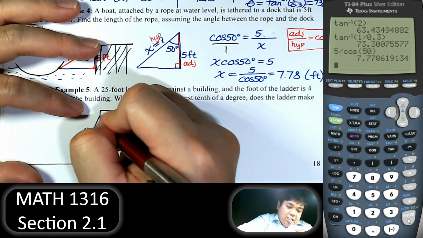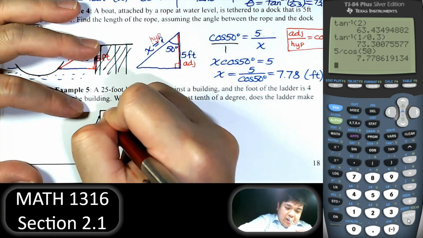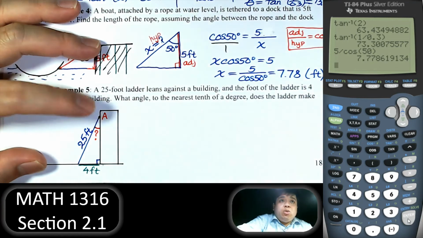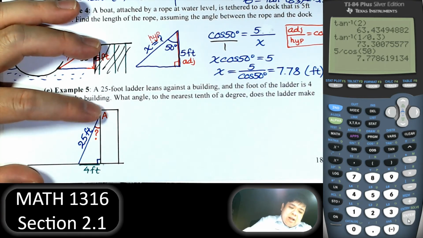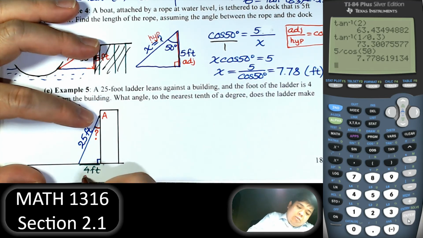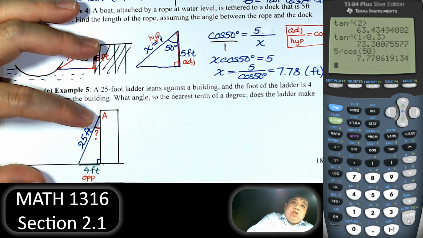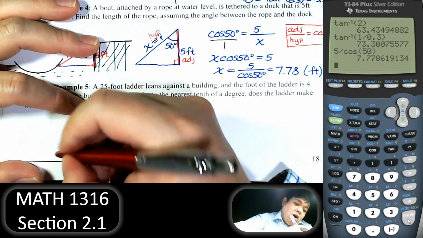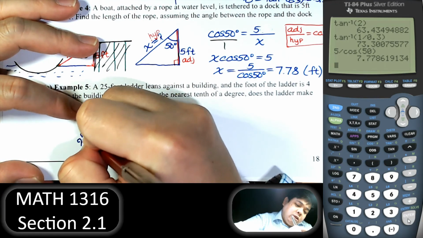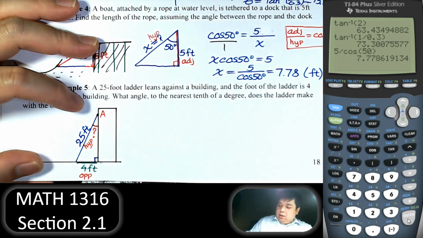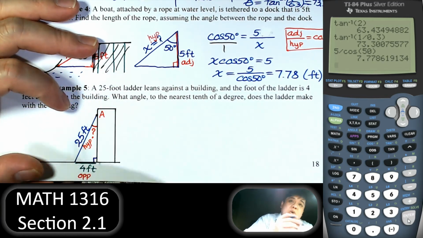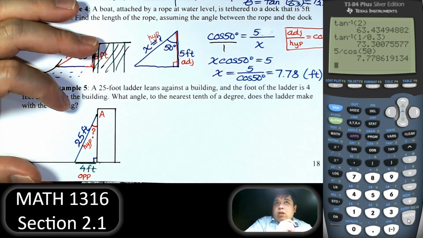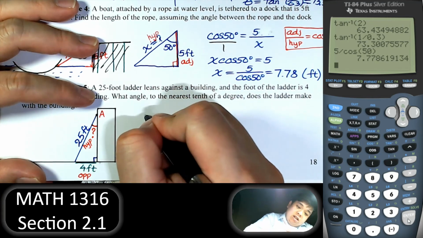So that angle, let's say this is angle A. So we're asking to find angle A. So with respect to angle A, here we have opposite to angle A, which is 4, and 25 is the longest one, so this is hypotenuse. So we have the ratio that has opposite and hypotenuse. That of course is sine.